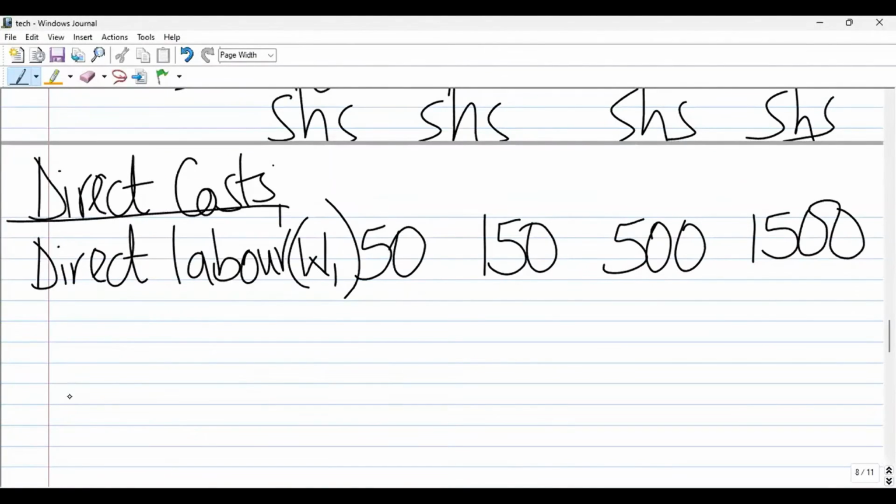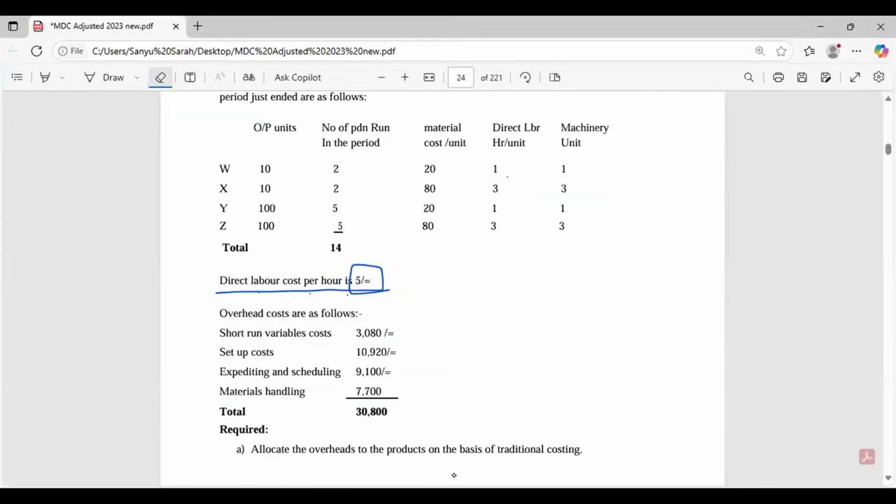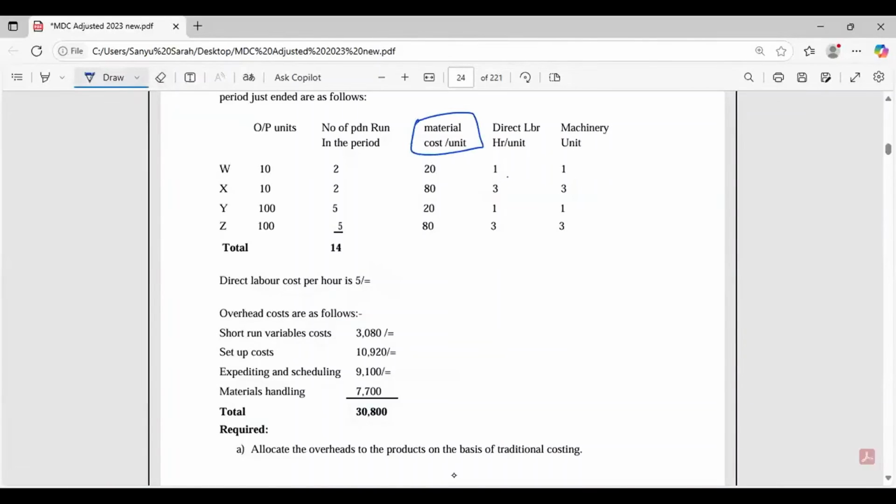Move to the next. Do we have any other direct cost other than labor? Yes, direct material. So we have direct material cost per unit.